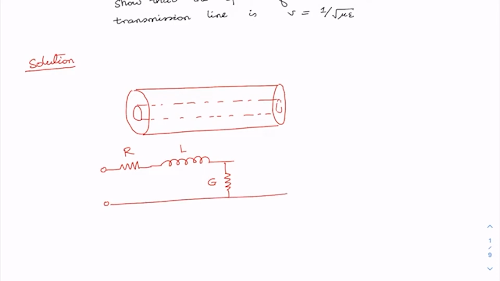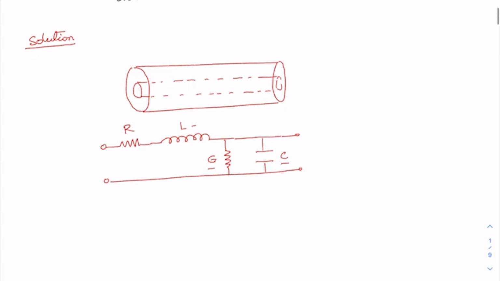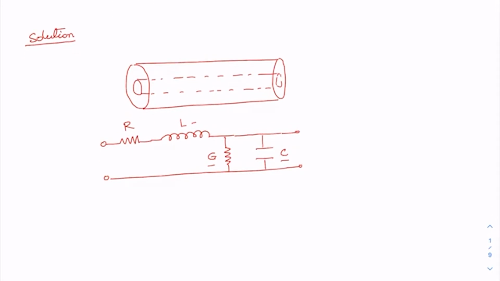We have a conductance and also this capacitance here. So here R is the total resistance of the coaxial cable, C is the total capacitance, L is the total inductance, and Z is the total conductance. In fact, it refers to the total leakage resistance.